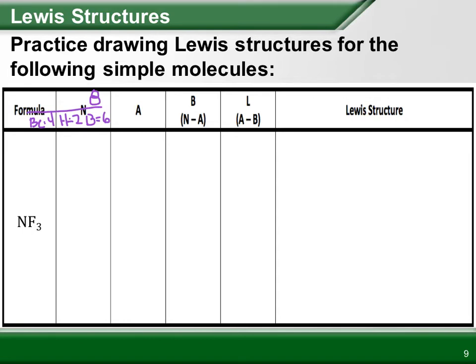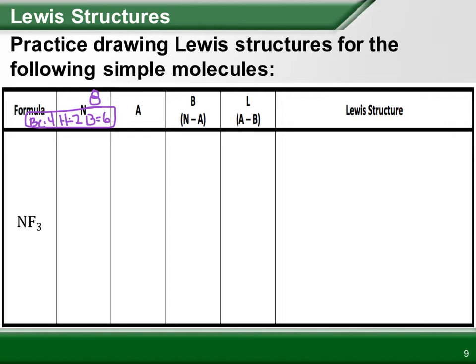So those are our exceptions. All others need 8. Okay, so we need to identify the elements involved and then the number of atoms per element and multiply that by the needed number.